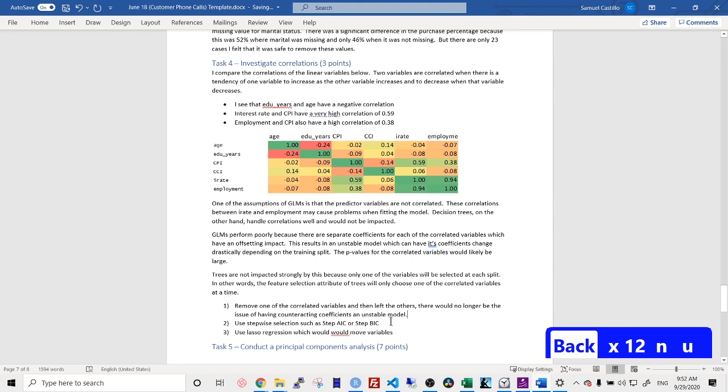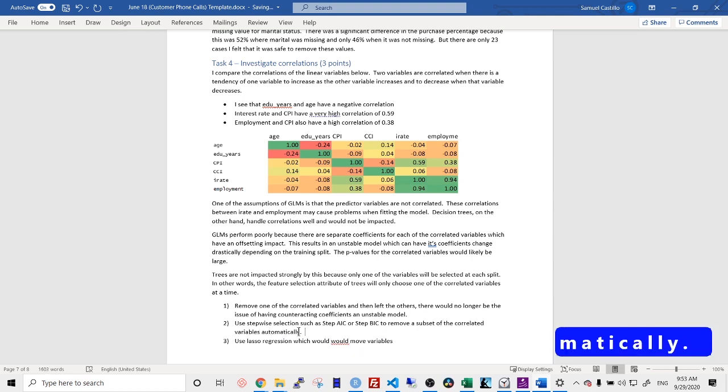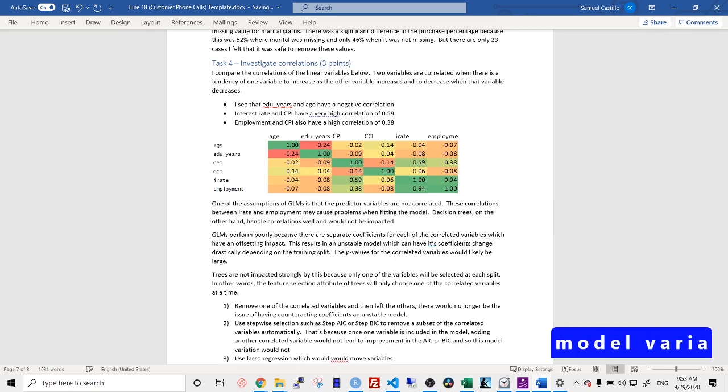If you used step AIC or BIC, you could remove a subset of the correlated variables automatically. That's because once one variable is included in the model, adding another correlated variable would not lead to improvement in the AIC or BIC, and so this model variation would not be used.